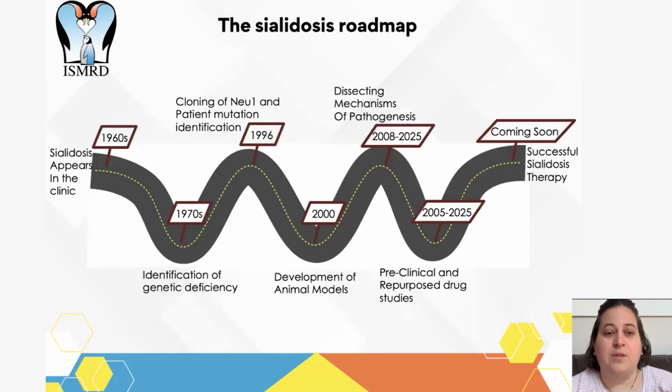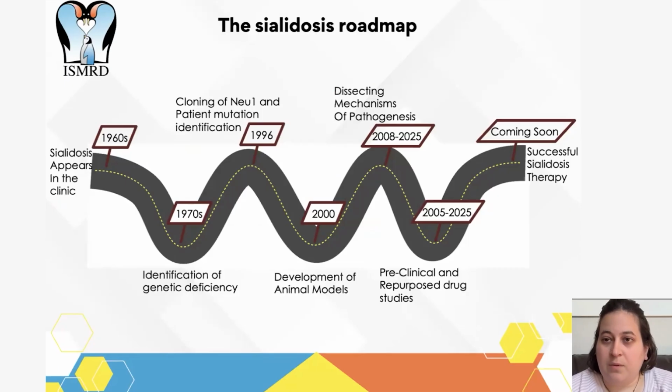Over the course of Sandra's career, she has been working on sialidosis like galactosialidosis. It first appeared in the clinic in the 1960s. Its genetic deficiency was identified a decade later, and they didn't get around to actually cloning Neu1 until the 90s.